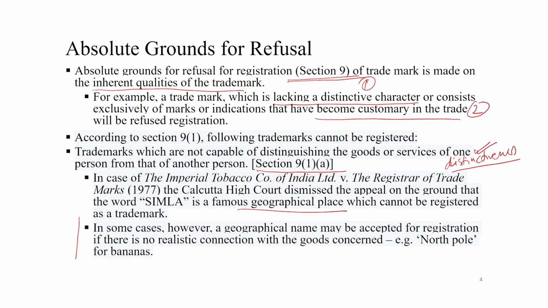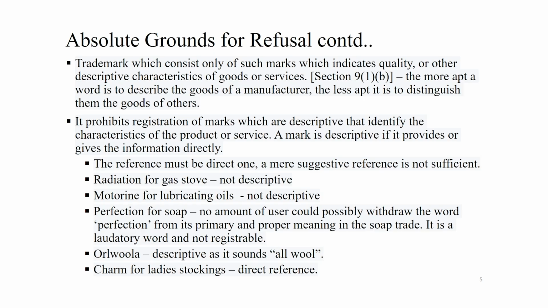In that case, there is no reason to deny registration of such a word only on the ground that it is a geographical name. But ordinarily, geographical names may not be allowed, as it was held in the case of the Imperial Tobacco Company of India Limited versus the Registrar of Trademarks 1977, judgment of Calcutta High Court.